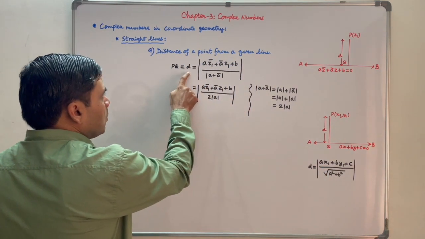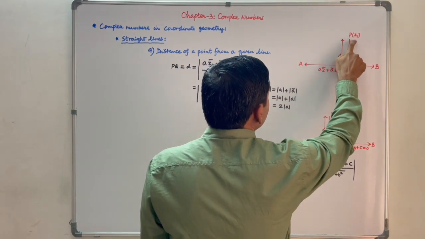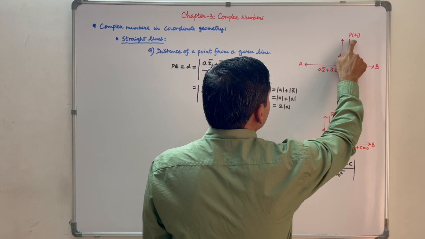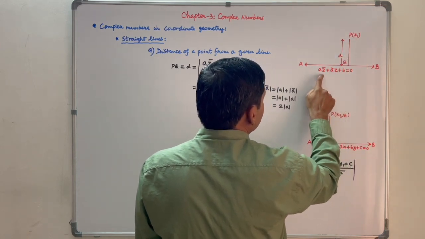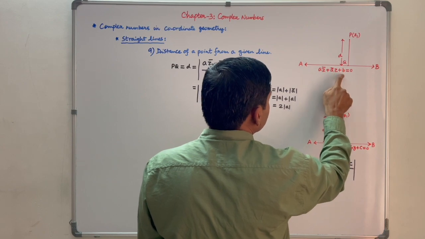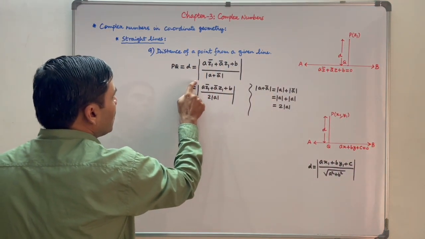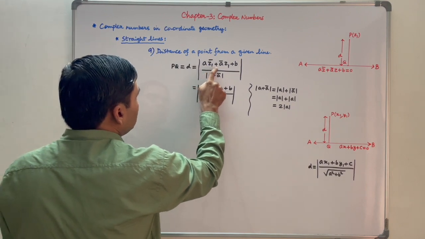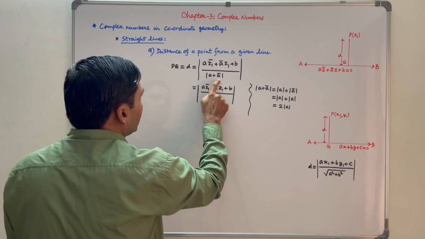The distance formula in the complex plane is very similar. Suppose there is a point P which is representing complex number z1. Its distance from a given line a z bar + a bar z + b = 0 is given by d is equal to mod of (a z1 bar + a bar z1 + b) upon mod (a + a bar).